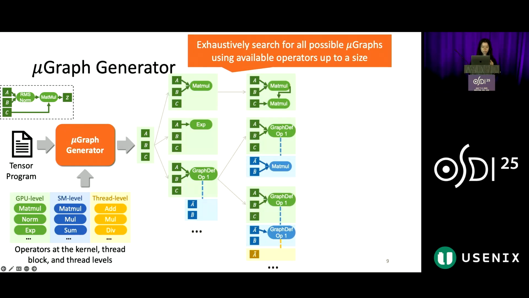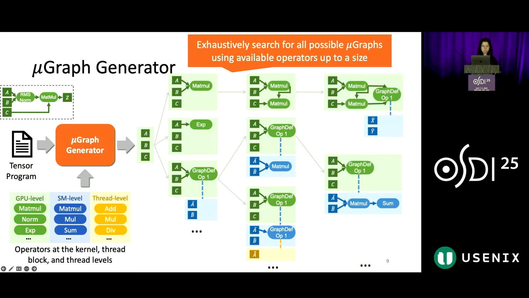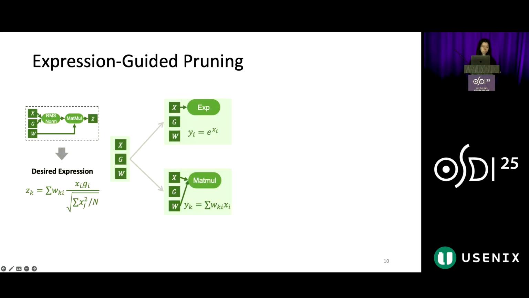When it comes to a graph-defined operator, Mirage will recursively define its computation by generating the structure of a lower-level graph. In this way, Mirage does not miss any optimization opportunities, but the challenge is the search space is extremely large. And our solution is to use expression-guided pruning.